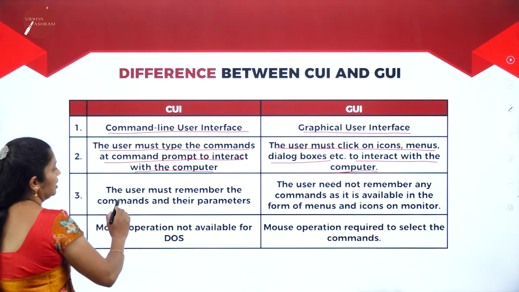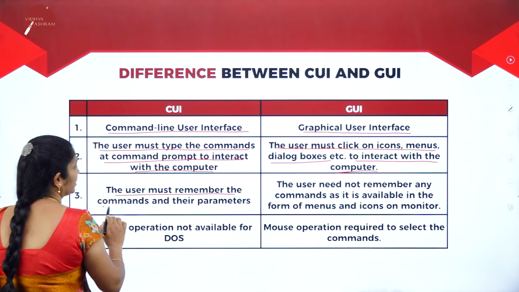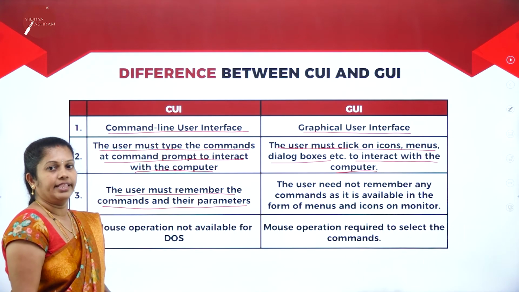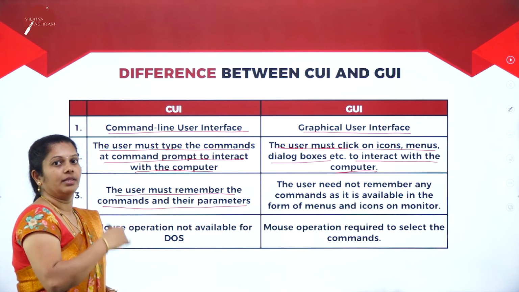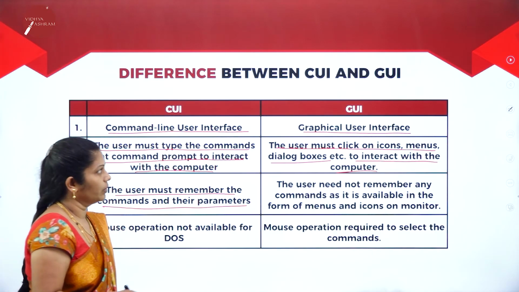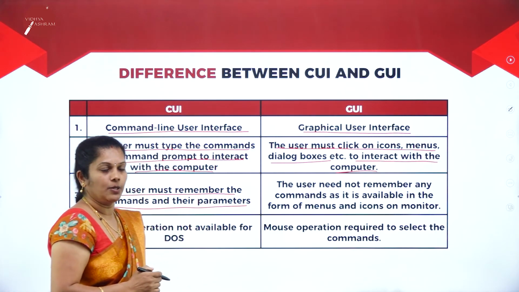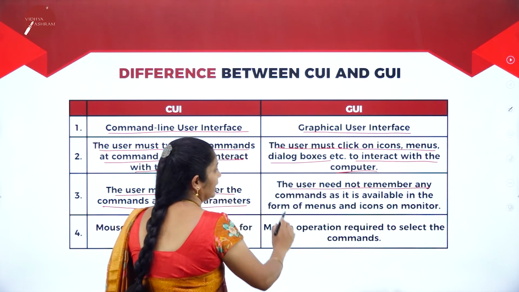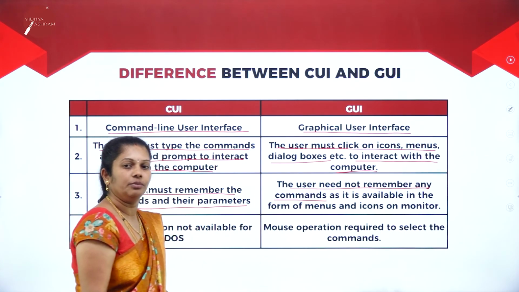In the command user interface, the user must remember the command and its parameters. They have to learn the commands, which have some parameters, and only by that can they process here. But in the graphical user interface, the user need not remember any commands.